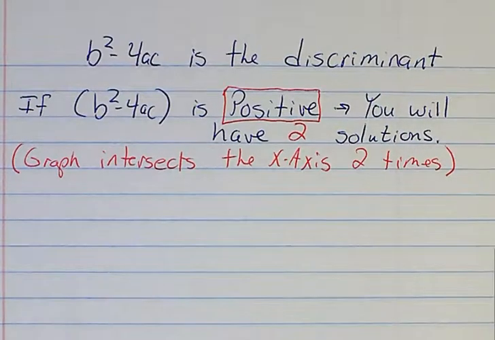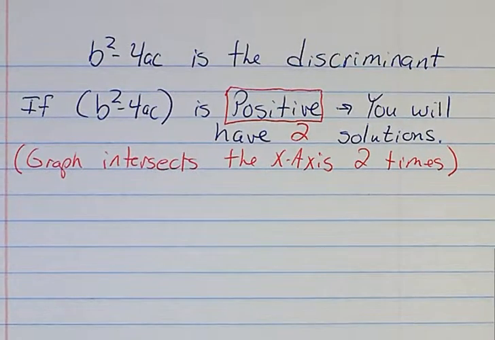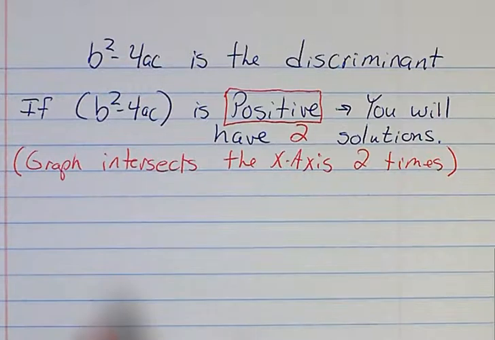When you get those two numbers, like when we got x equals 2 and x equals 3 on the last problem, those are x-intercepts. When you get a solution, that's basically like an x-intercept. So for this one, because you're going to get two different answers for x, it's going to hit the x-axis 2 different times.